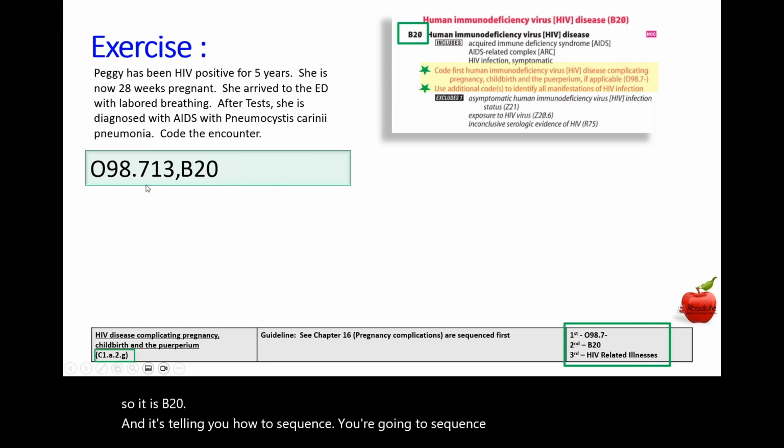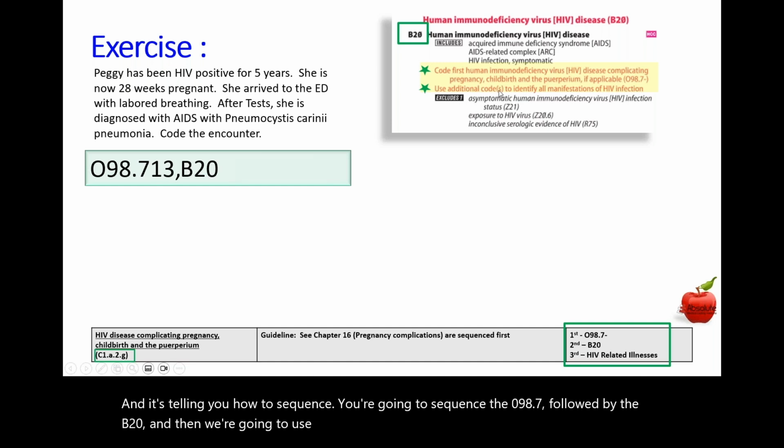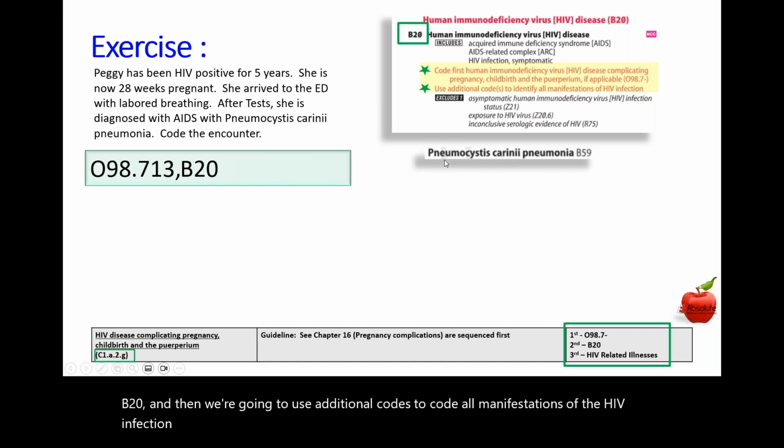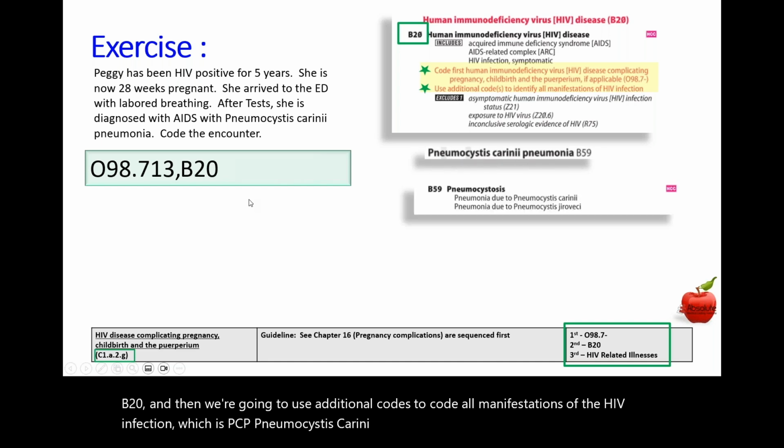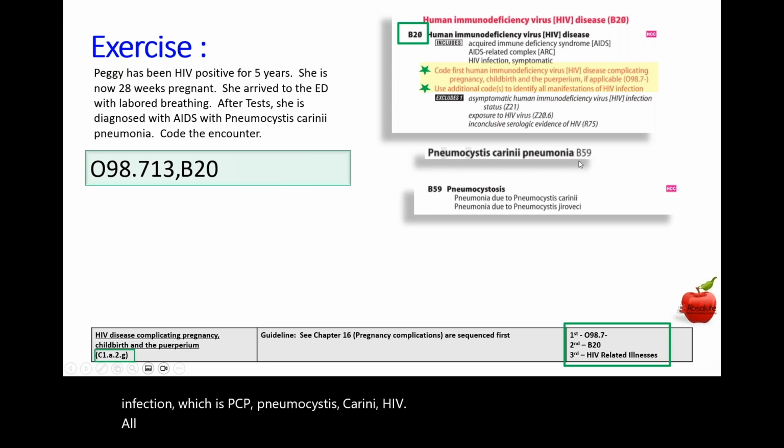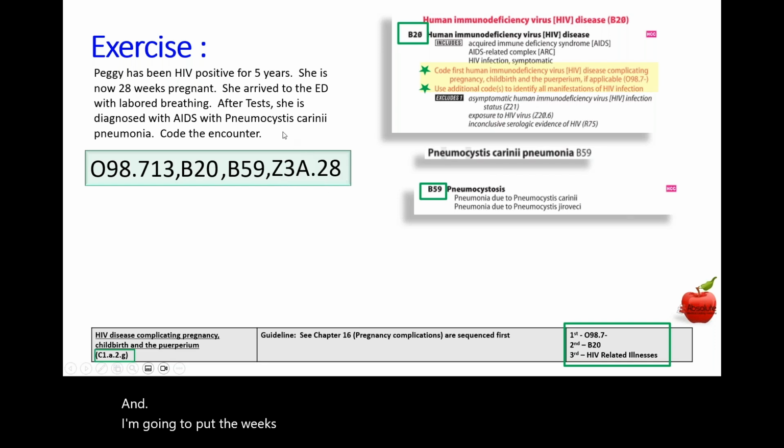You sequence the O98.7 followed by the B20, and then we use additional codes to code all manifestations of the HIV infection, which is PCP, pneumocystis carinii, B59. And I'm going to put the week's gestation, even though the trimester is in the first code, because that's how it should be done.